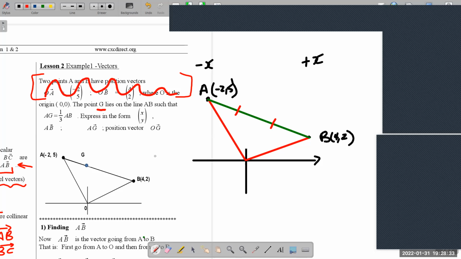Everybody see that? So that's how we get the third. That means my G is going to look like it's somewhere here. So I label that G. Boom. Talk to me, everybody. How you feeling?